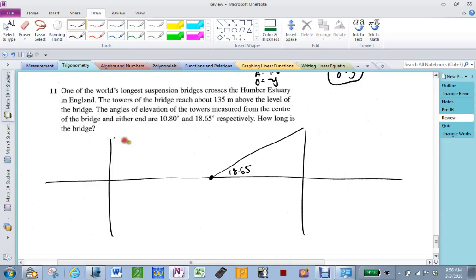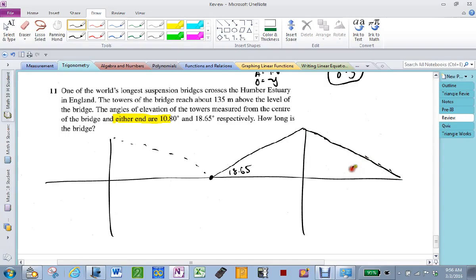Does it go here? Or does it go here? Which one? The left or the right? It's the one on the right, isn't it? Why? Because it is measured from either end. Everybody cool? So this is the triangle that I have.